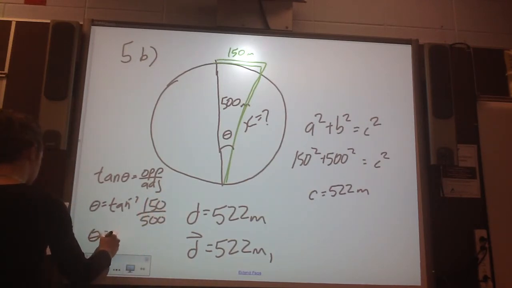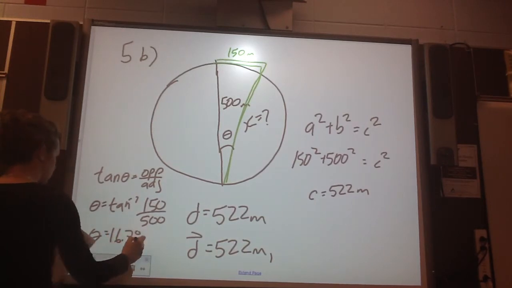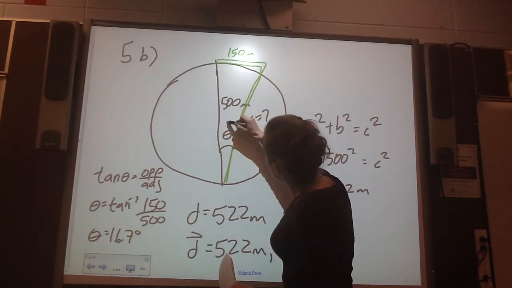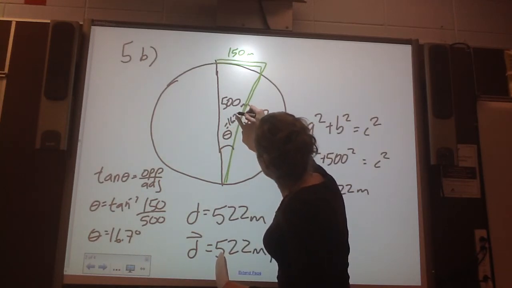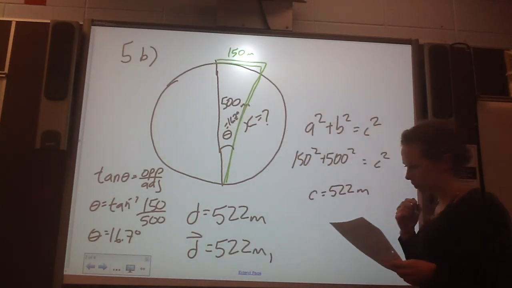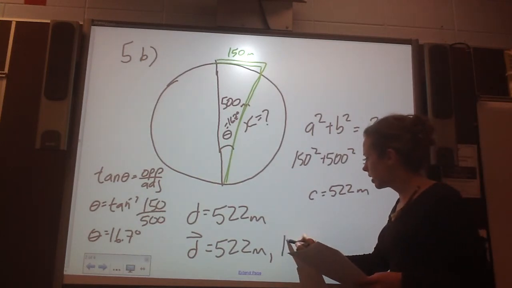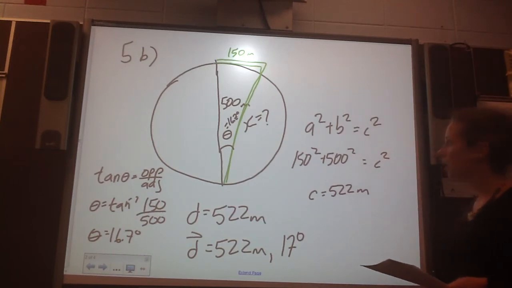So your theta is equal to 16.7 degrees. So I know this is 16.7 degrees. Rounded to our sig digs, I can say that's 17 degrees.